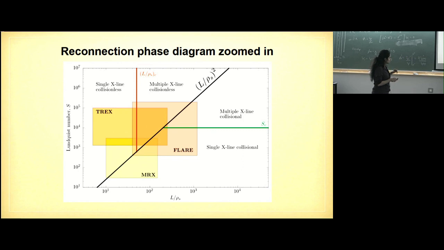So I can get plasmoids here, but not here, and so on. If I wanted to do reconnection experiments and look at whether I get plasmoids, then the area available to me is very small.